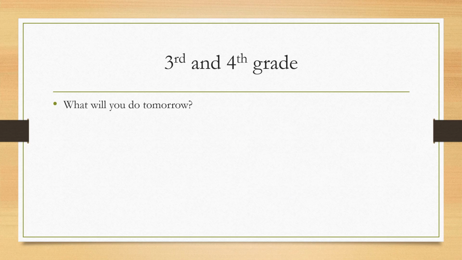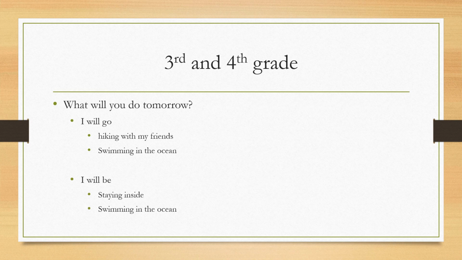So let's try making some sentences on our own. What will you do tomorrow? Well, you'd probably start the sentence with I will go. You could say, maybe these are the activities that you're going to go to tomorrow. I will go hiking with my friends. I will go swimming in the ocean. I will be staying inside or swimming in the ocean.